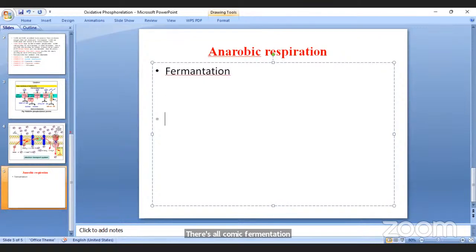Second, lactic acid fermentation. Lactic acid fermentation, right. First, let's see the alcohol fermentation.